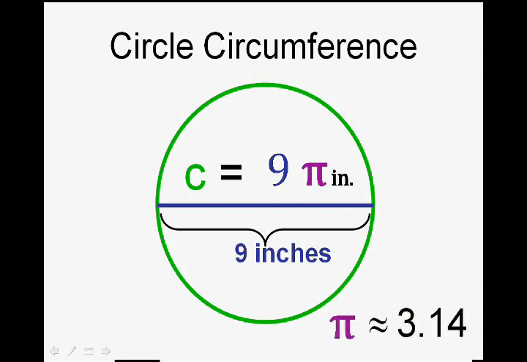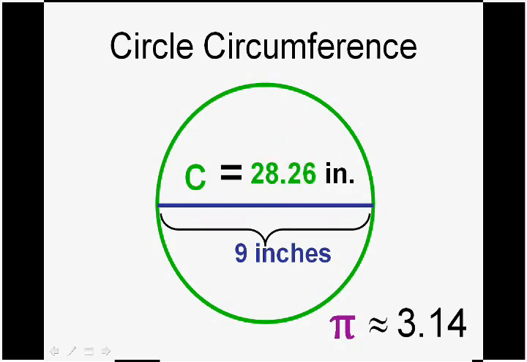Now that's a usable number. 9 times 3.14 in this case is 28.26. So a very close approximation for the circumference of this circle is about 28.26 inches. Now remember, that's inches because it is a length.